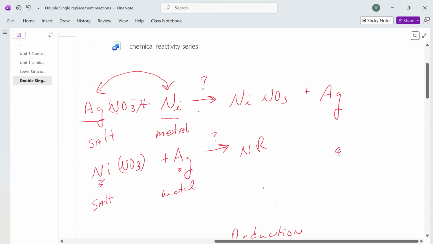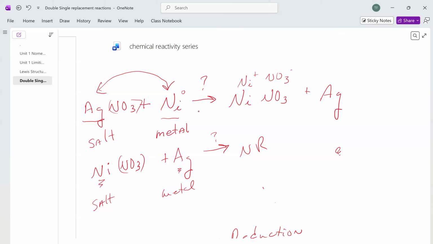So what's going on in nickel here? If we take this apart, it'd be Ni plus and NO3 minus. This nickel is a metal, so its charge is 0. So what happens is it goes from a 0 charge to a +1 charge here. That means the nickel is being oxidized because it lost an electron.